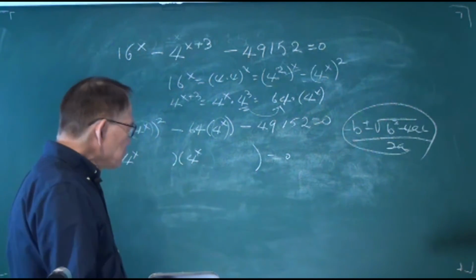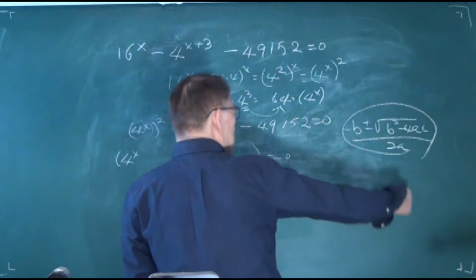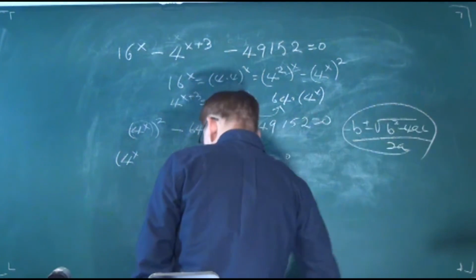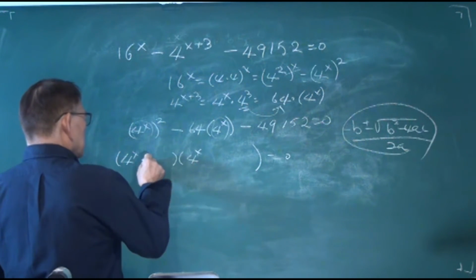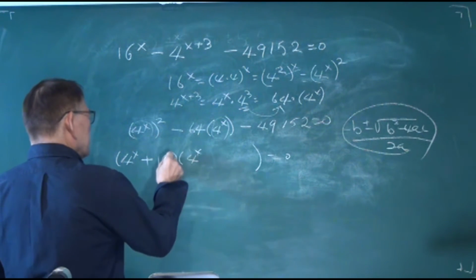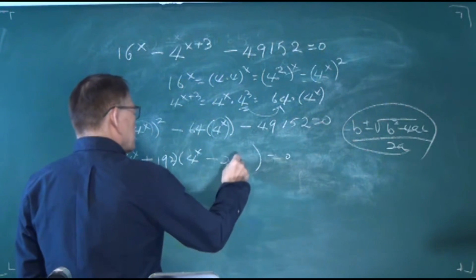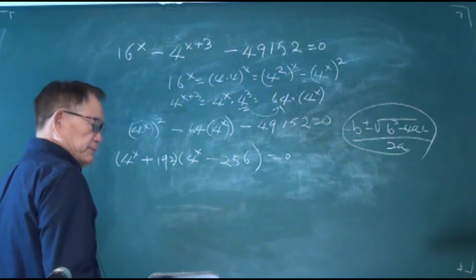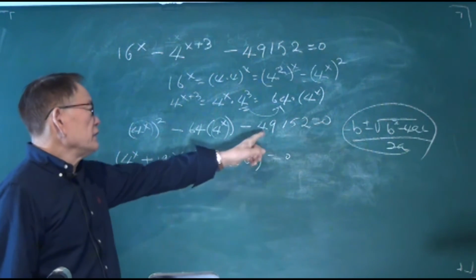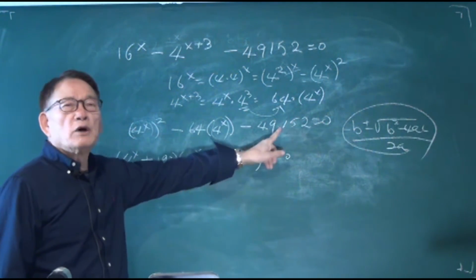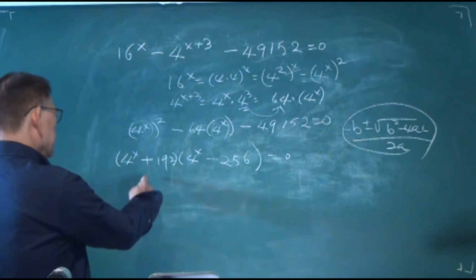Anyway, I already used the formula and got the values. It is 4 to the x plus 192 times 4 to the x minus 256. 192 times 256 is 49,152.